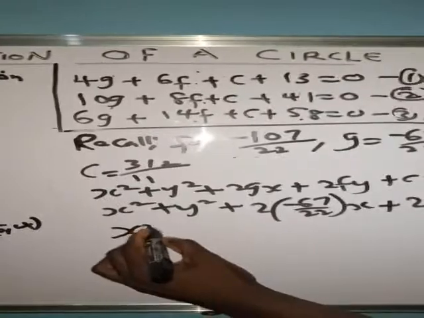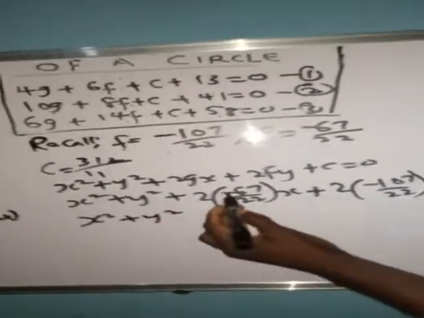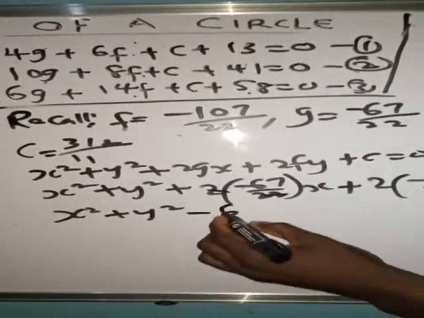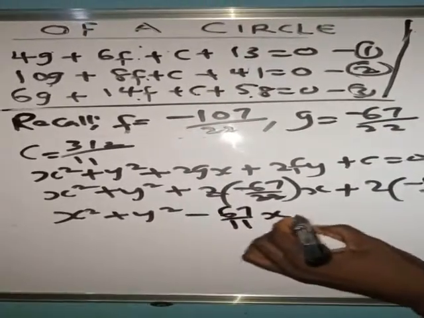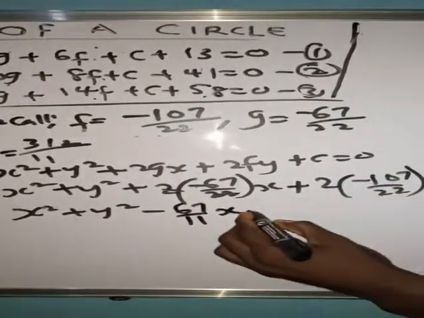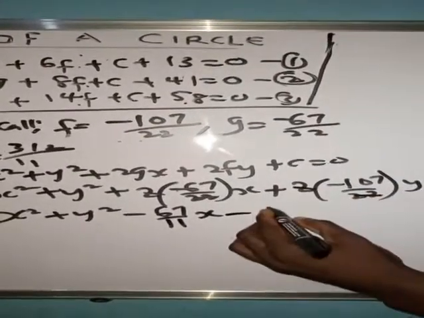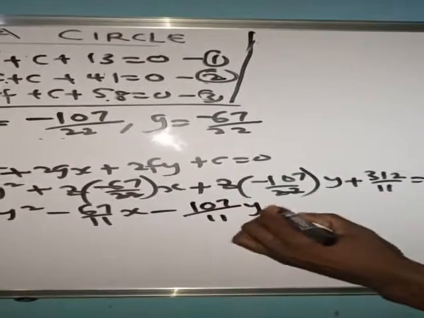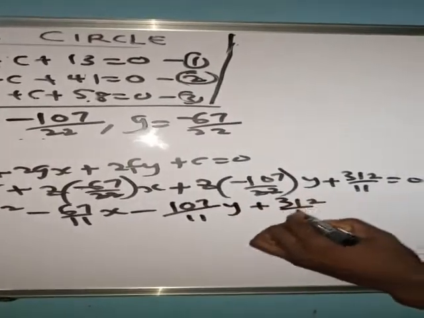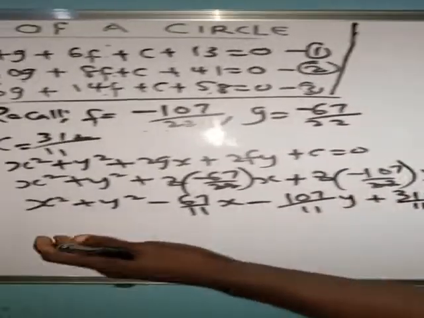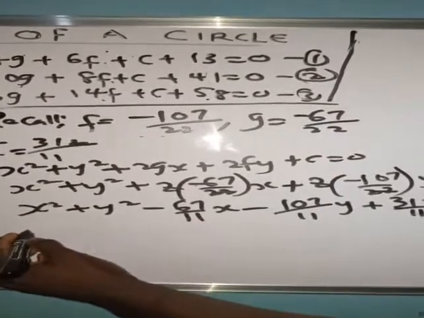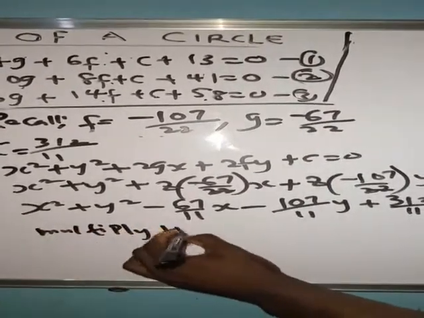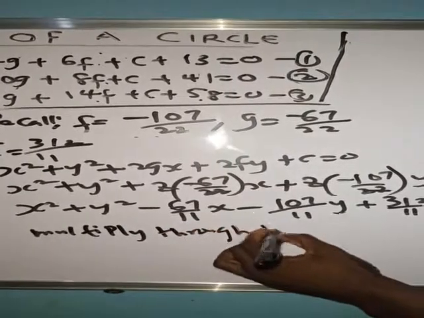So x squared plus y squared minus 2 over 22, that is 67 over 11 x, minus 2 over 22, that will be 107 over 11 y, plus 312 over 11 is equal to 0. To make this whole number, you multiply the equation through by 11.